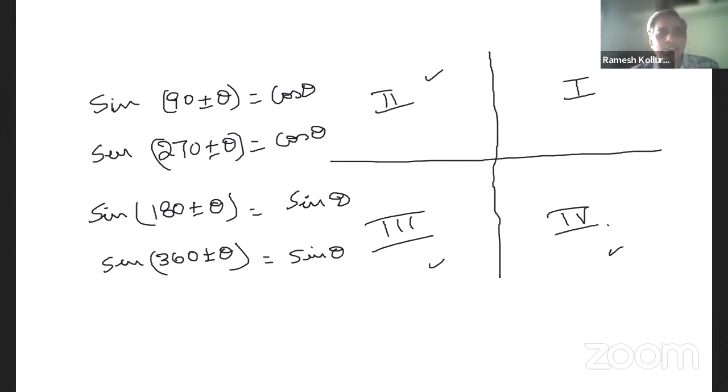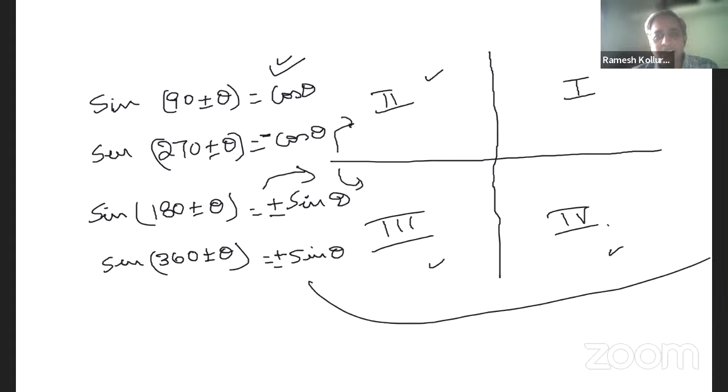In both quadrants, this is anyhow plus cos theta only. 270 plus or minus means it is always a negative cos theta, correct? So this can be positive or negative, because it can be here and here if I'm taking this one, and here and here if I'm taking these ones.